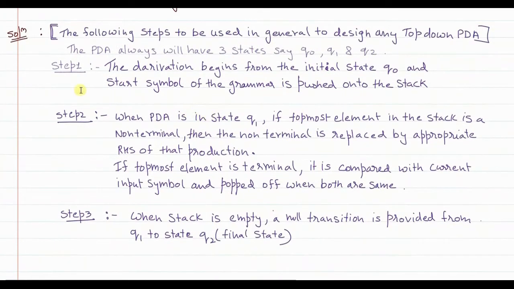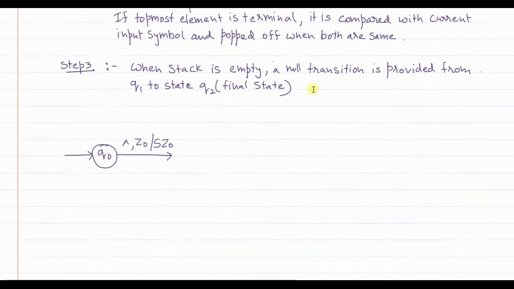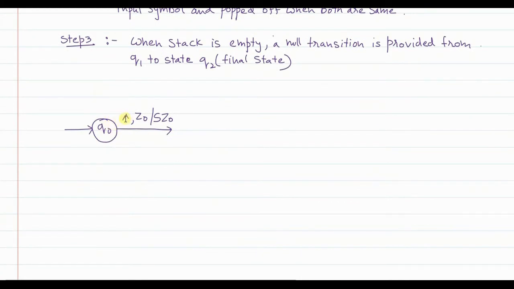So in step 1, you design state Q0, the initial state, wherein nothing is read from the input string, that means null is read, and the stack is empty, so Z0 is the topmost element. In state Q0, you push the start symbol onto the stack, SZ0, and move to state Q1. This finishes step 1.